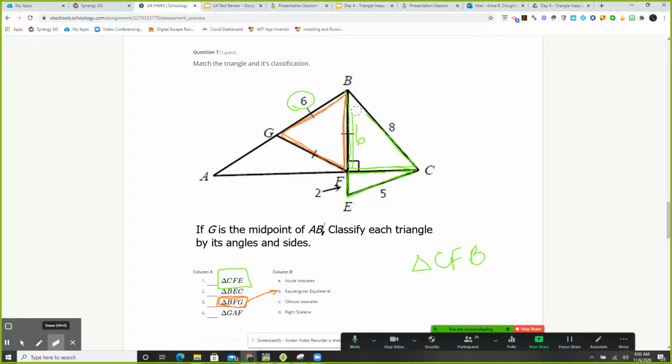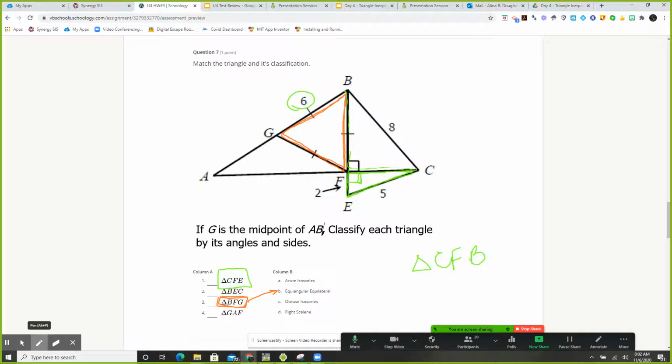Somebody erase this. I hate it when I try to do something and then it doesn't work. So what's CFB, the green triangle, or CFE? If it's a right angle at the top of F, is it a right angle at the bottom of F?